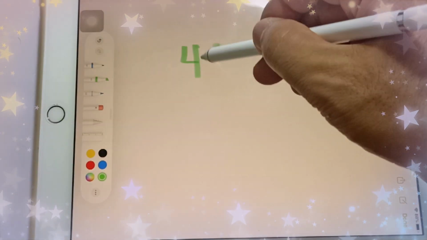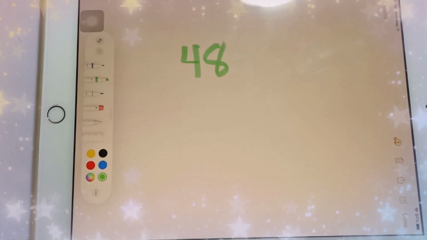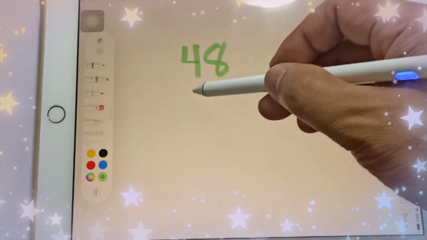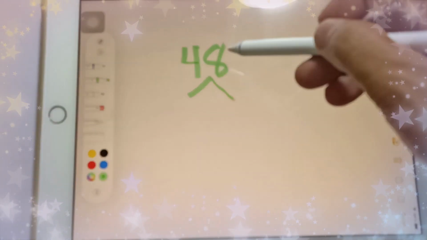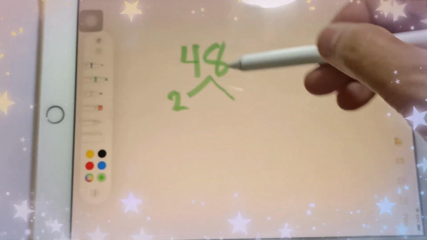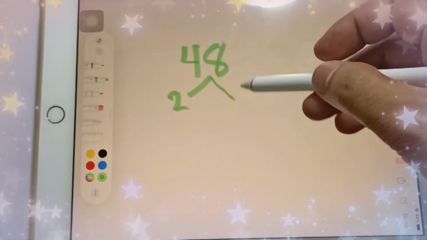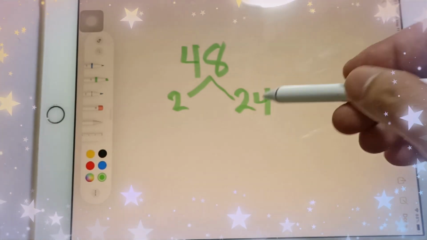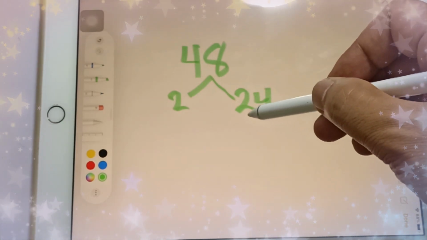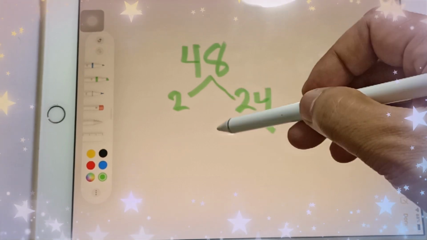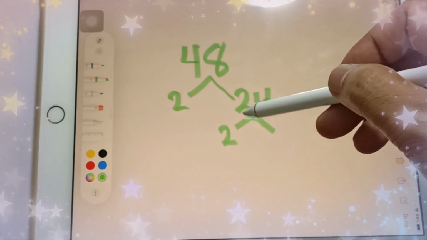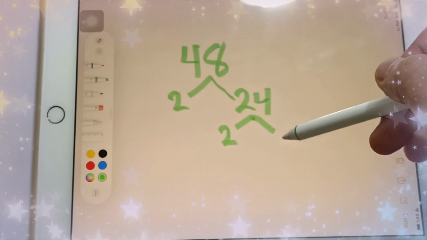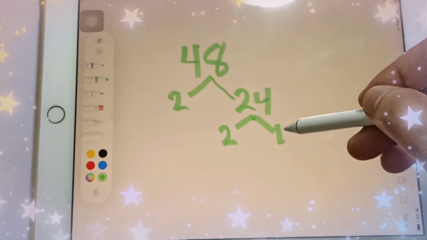Okay, third example. If you have, let's say, 48. 48 is divisible by 2 again. The first prime number is 2. 2 times a number is 48, and that is 24. Then 24 is again divisible by 2: 2 times a number is 24, and that is 12.